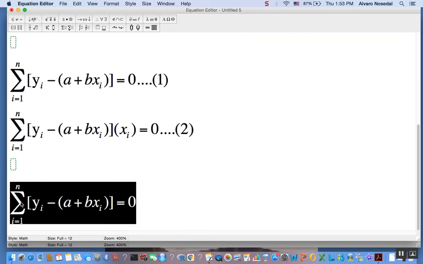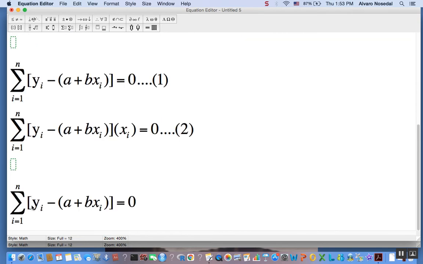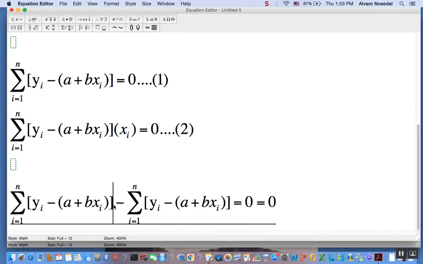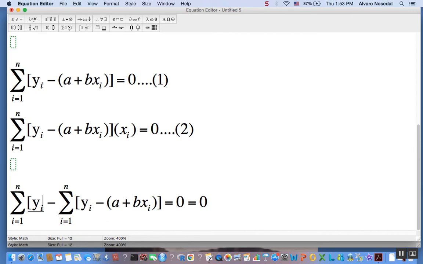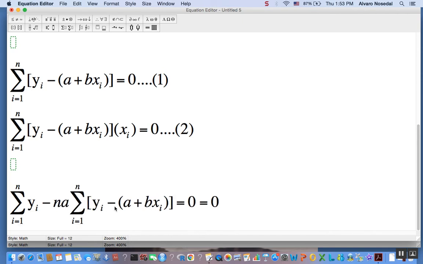That's what we're going to be doing. So first we're going to have the summation of yi's. Okay? No problem with that one. Then we're going to have minus n times a, right? So let me get rid of this one here. Summation of yi's minus summation of a's, that's going to be minus n times a. So no problem there.